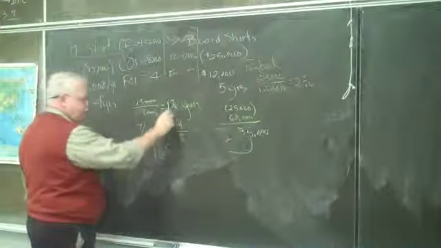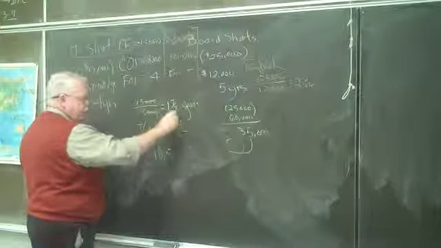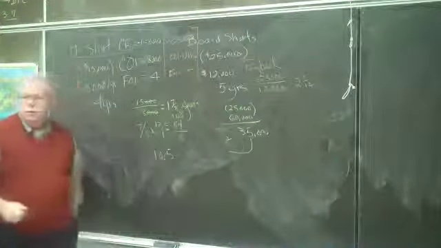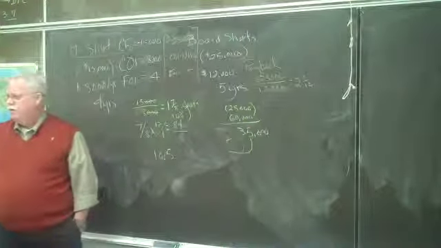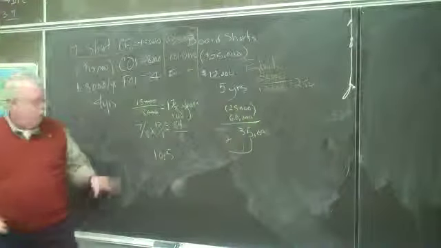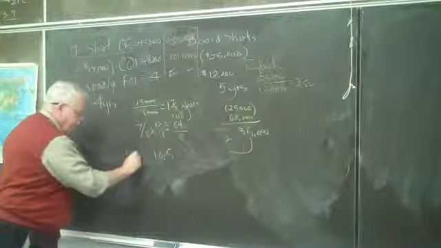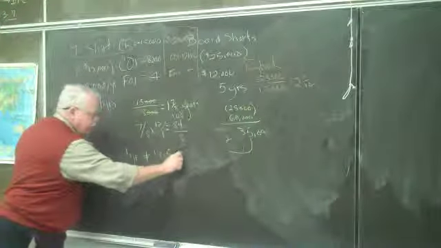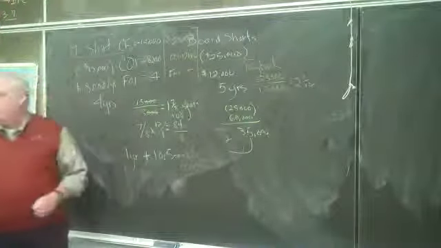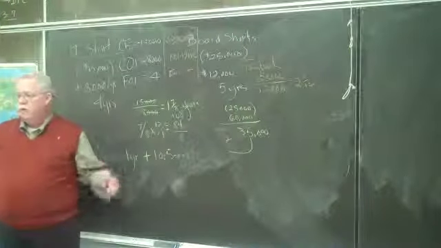8 into 8 goes 1. 8 into 4, it's only a half. Does that sound right? So I need 1 year plus 10.5 months, or 22.5 months to pay it back.